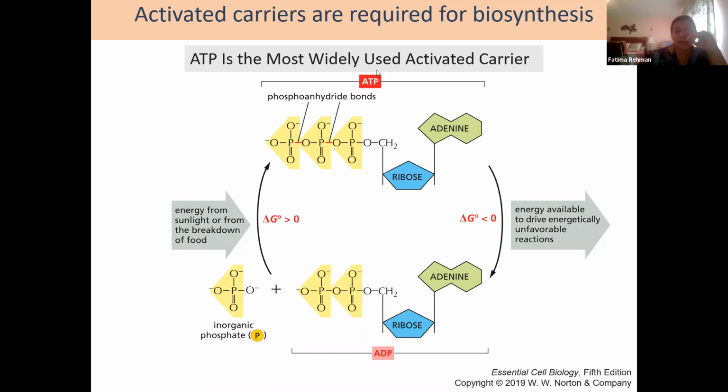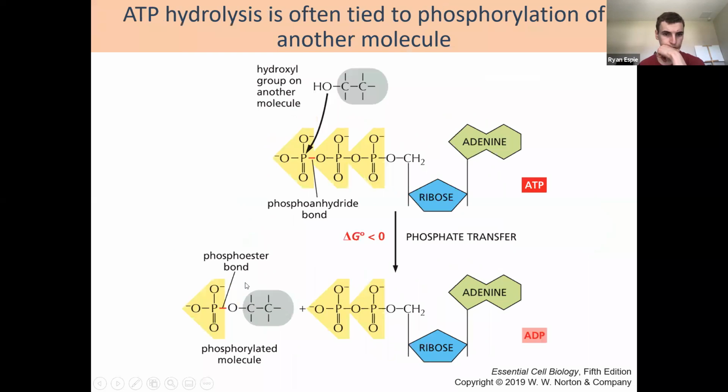No. See, the thing is, this requires energy input. So it's still an unfavorable reaction overall, right? It's an unfavorable reaction because delta G is below 0. It's negative. It required energy in the form of a phosphate taken in from the food energy or from sunlight to be input inside.